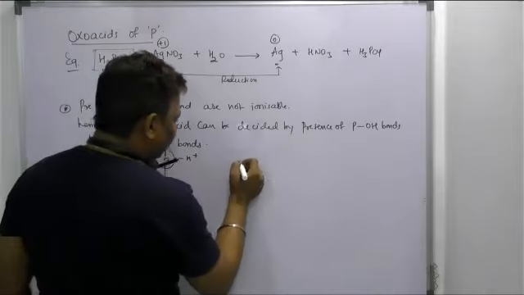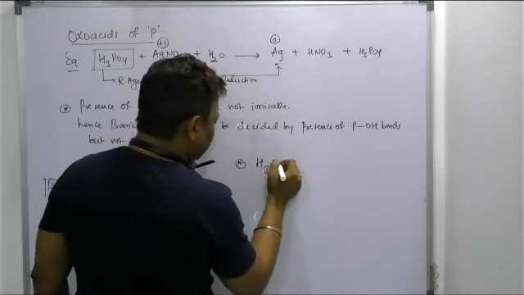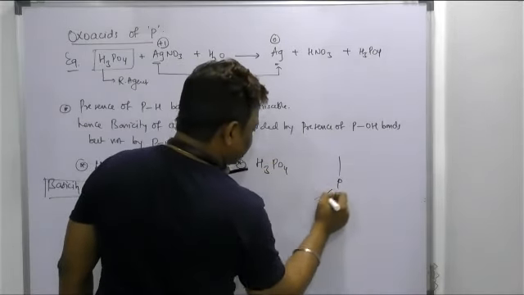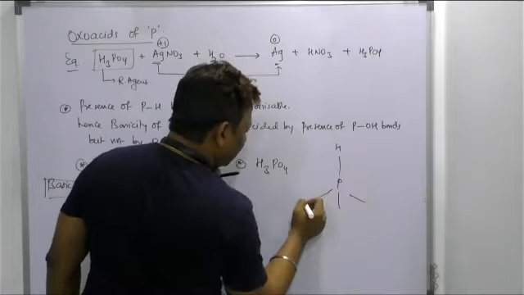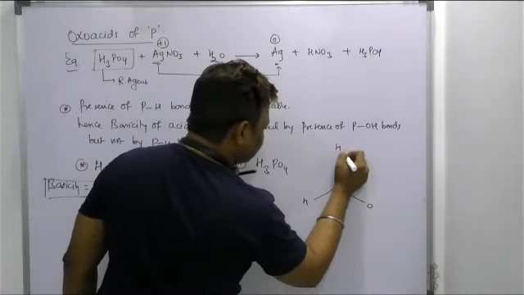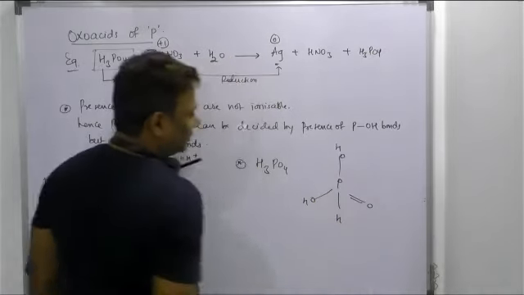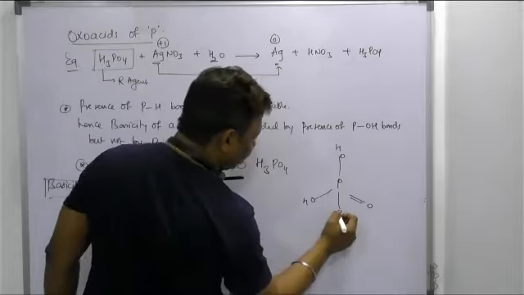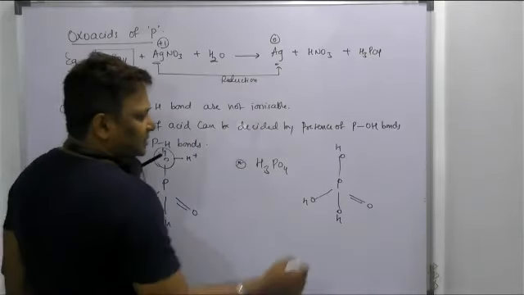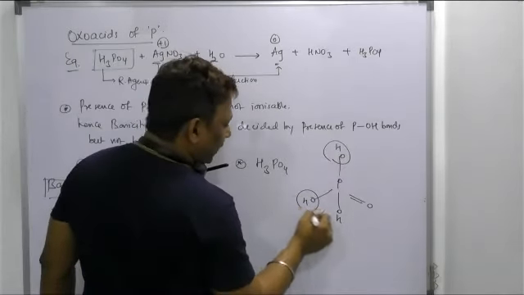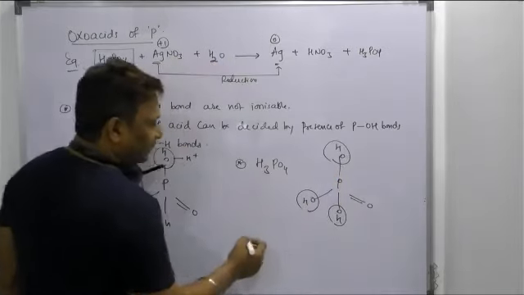But in H3PO4, check it. The central atom phosphorus has a tetrahedral arrangement. Hydrogen must be 3, oxygen must be 4, with a double bond. See, the presence of OH, OH, OH. From here it will replace H plus ion.